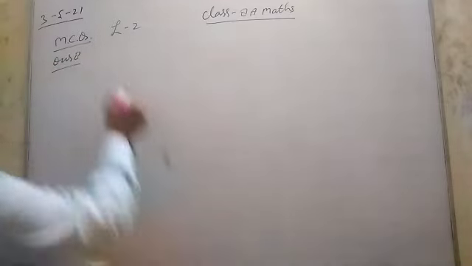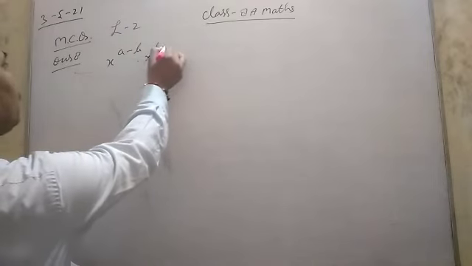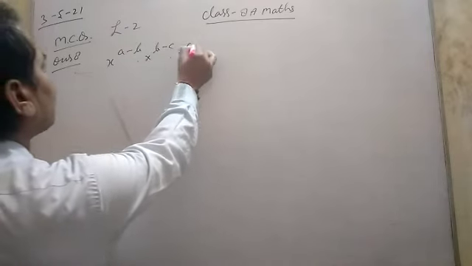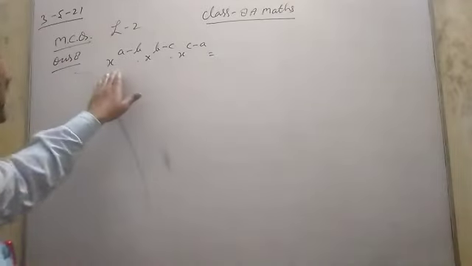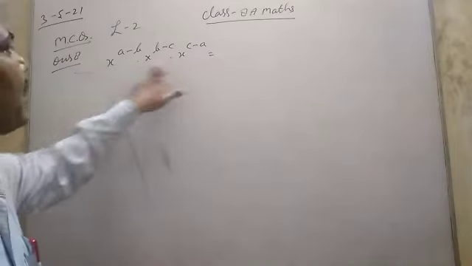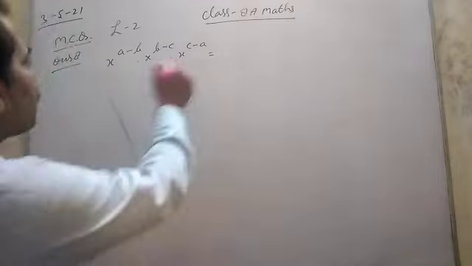X power a minus b into x power b minus c into x power c minus a. Okay. So here we are saying that bases are the same. So when bases are the same and if they are in product form, then add their powers.